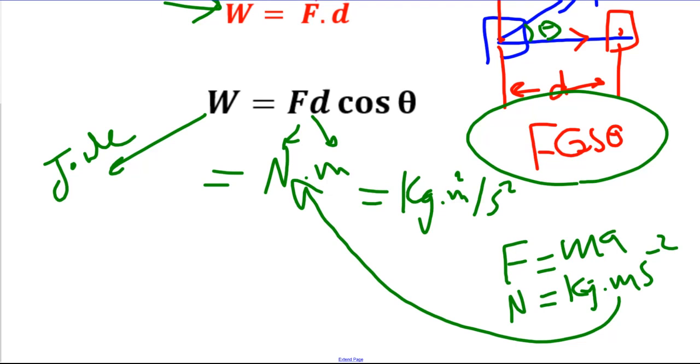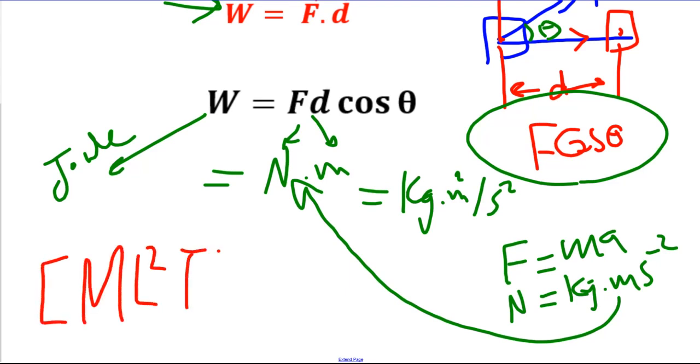Its dimensional formula is M L squared T power negative 2. This is the dimensional formula for work. So the definition of work is the dot product of the acting force and the displacement in the direction of force.